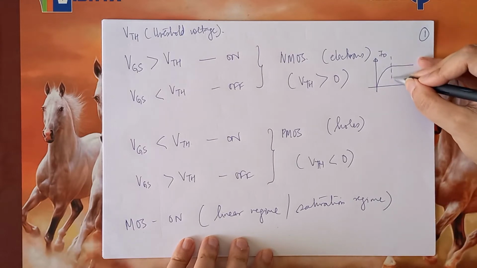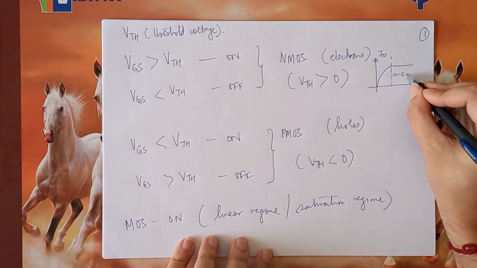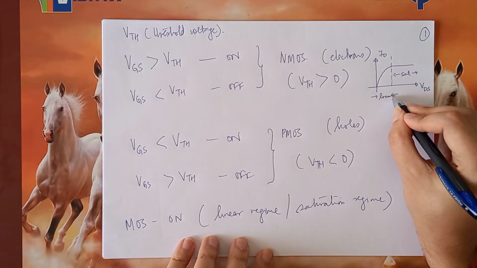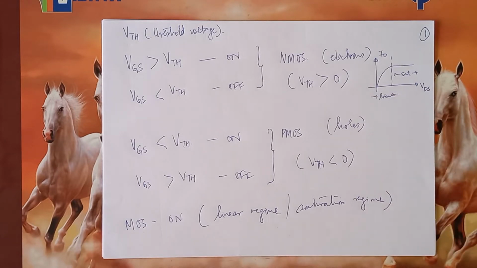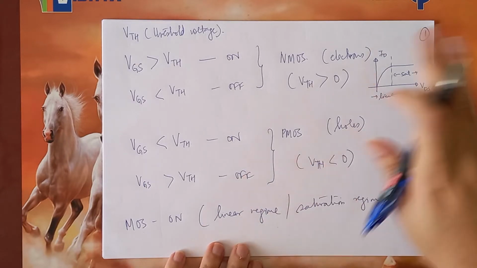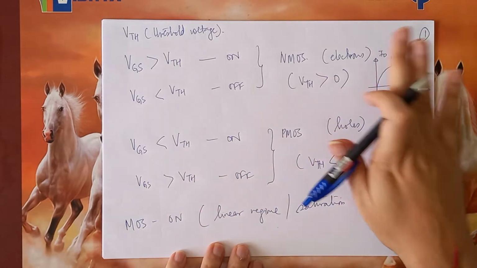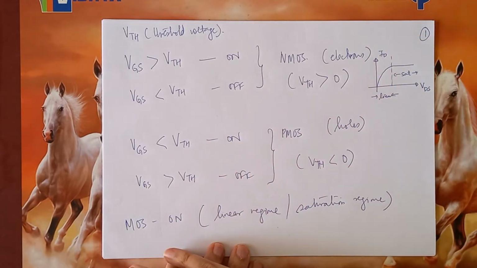So this is the saturation and this is the linear. In both cases, the MOSFET is on. There's no doubt about that. But the way it behaves is a little different.